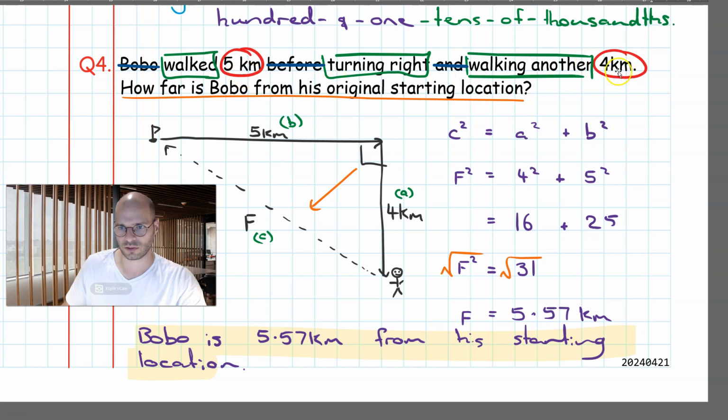Circle the numbers, underline the question at hand, box up the keywords, eliminate the words that are left over, so the unnecessary ones, and then you just solve it. So reading this out again, it's clear as day that we're drawing a triangle. Because we've got a right angled triangle, we know to use Pythagoras' theorem, which reveals to us the distance Bobo is from his starting location.